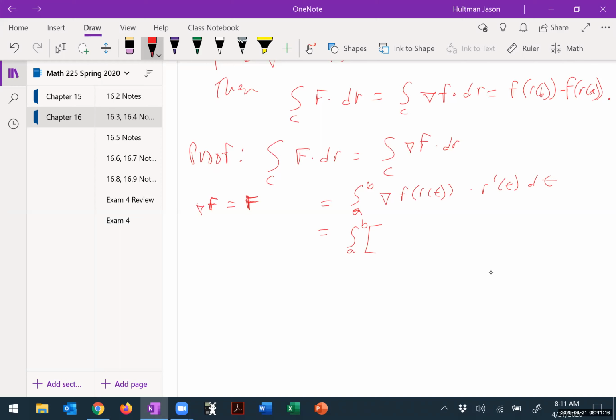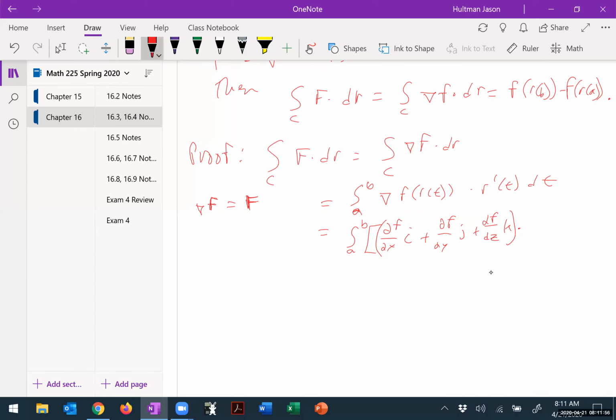Okay, so I'm going to write this in vector notation. So this is going to be the partial of f with respect to x, i, the partial of f with respect to y, j, the partial of f with respect to z, k, and I'm going to dot that with my derivative, r prime of t.